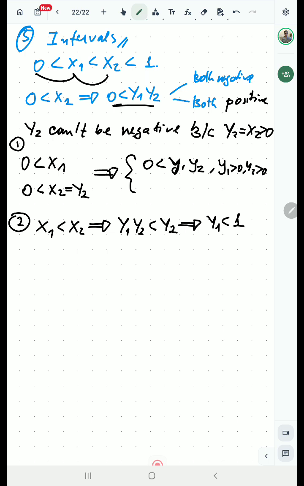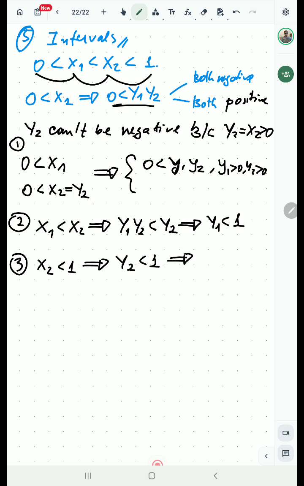Now let's move to the third part. The third part tells you that x2 is less than 1. That implies that y2, because x2 is exactly equal to y2 all the time, y2 is less than 1.